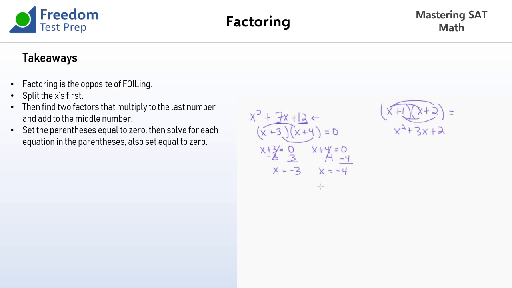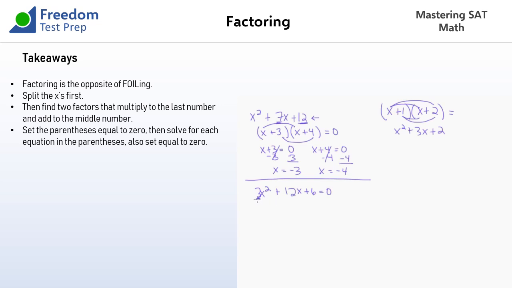Now, what if you get into a situation where you can't quite factor it right? All right, so let me give you a more complicated example. Let's say we have something like 3x squared plus 12x plus 6 equals 0. Now, the first thing you want to do is, it's really hard to factor with a coefficient here.